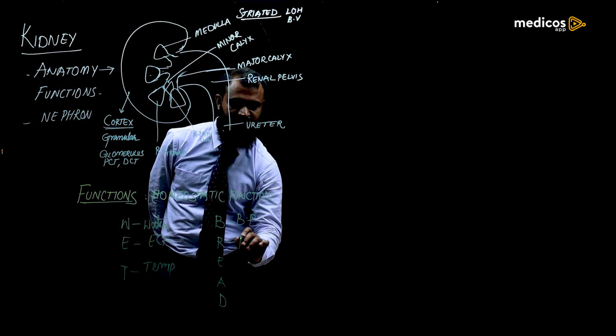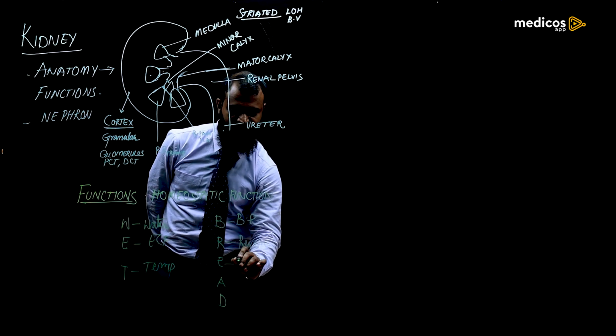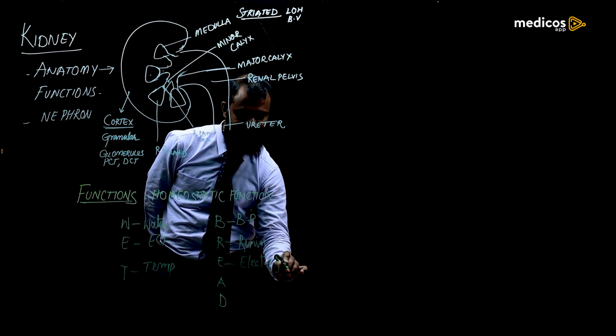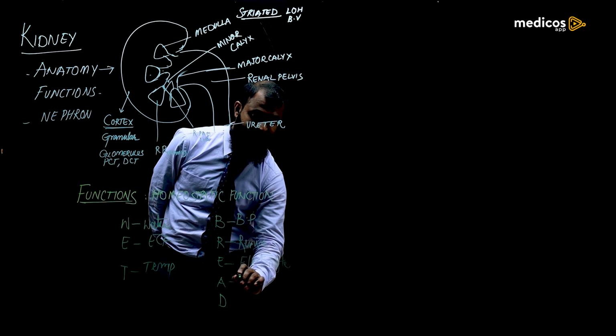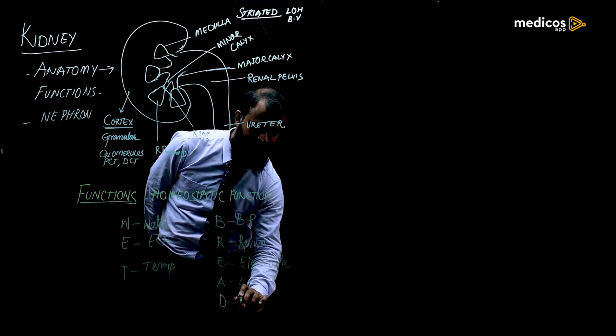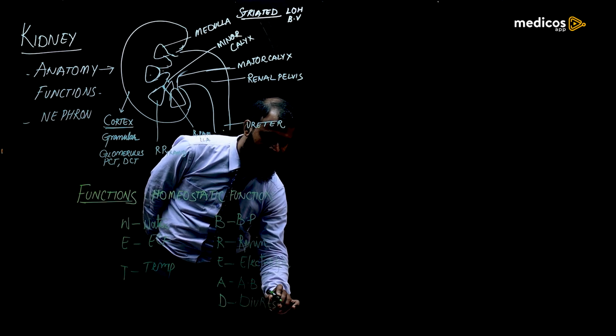R stands for release of renin. And E stands for electrolyte balance, to maintain the electrolyte balance. A stands for acid-base regulation and D stands for diuresis, the most important function of the kidney.